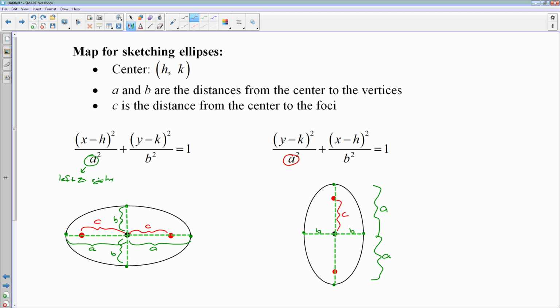So C units to that focus, C units to that focus, and the center is always (h, k). So you really look under the X and the Y to determine how far up and down or left and right you go. And you find C, which remember, A squared minus B squared equals C squared. That's how we find C, and that gets us to the focus. So there's your general map for graphing an ellipse.